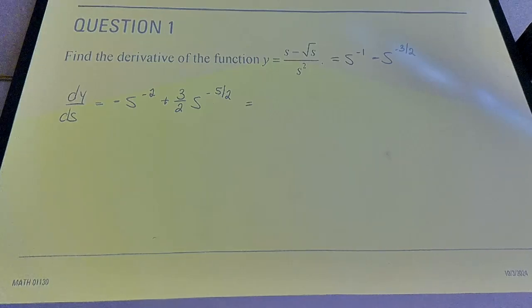Factor out a 1 half. That's the minus 5 halves. Factor out a 1 half from negative 1, what are you left with?